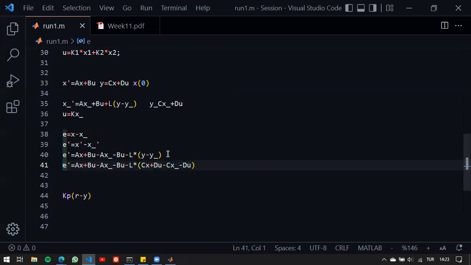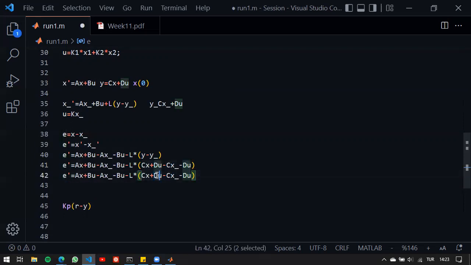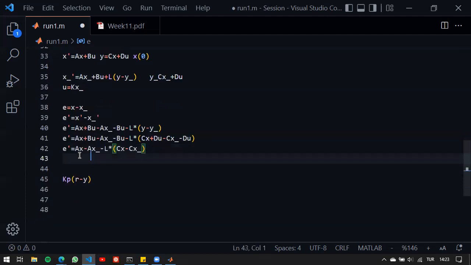Yeah, that's basically it. Now, we can see that du, so plus du, minus du, they cancel each other out. And again, bu and bu cancels out. Now, again, here we have x minus x dash and a common factor a, and then cx minus cx dash, again, a common factor c.